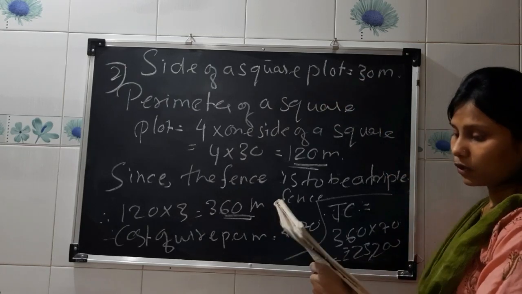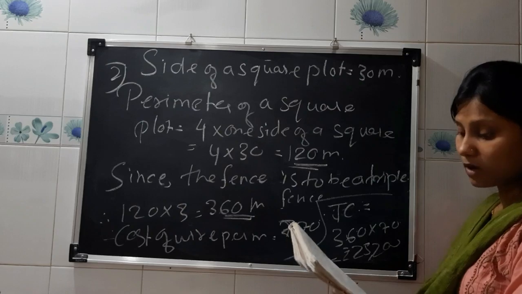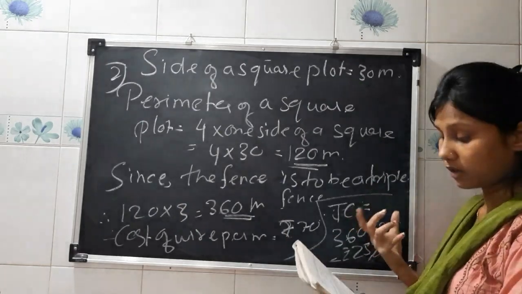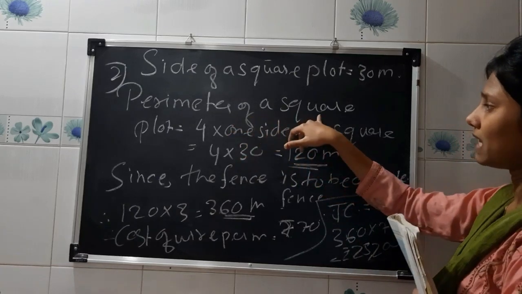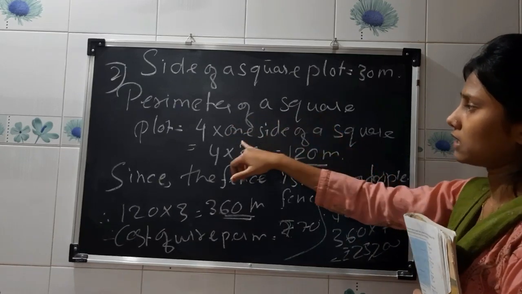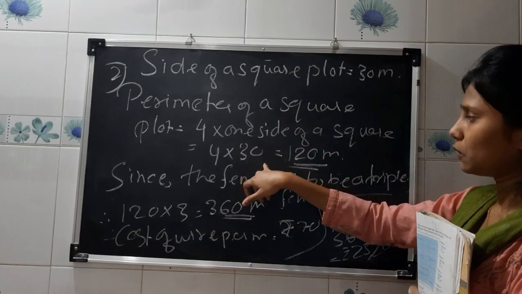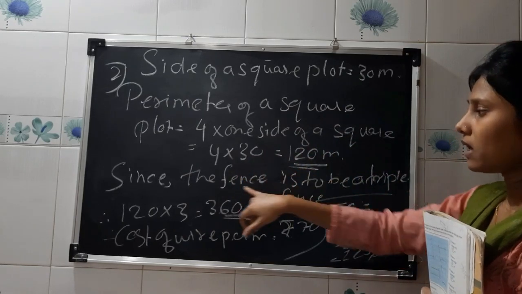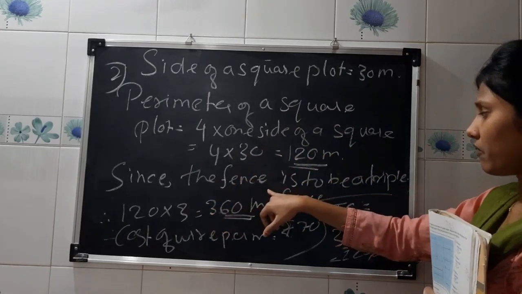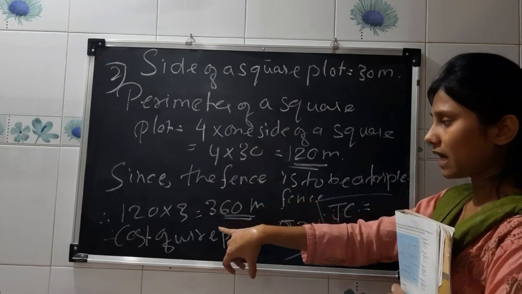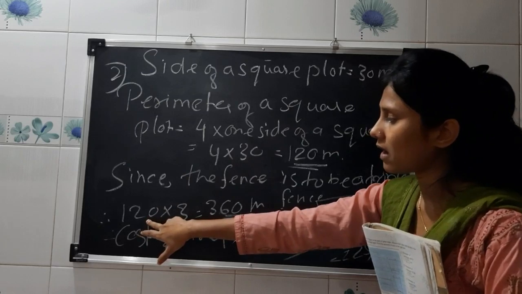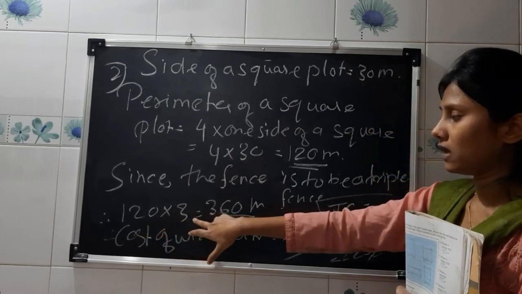First they have given you the side of a square plot, 30 meters, and we are required to find out how much wire will be needed to put a triple fence around a square plot. So first we have to find out the perimeter of a square, that is 4 into one side of a square, 4 into 30, 120. Since we have to put the fence around a square plot 3 times, triple means 3 times, that is why we have multiplied this 120 into 3.